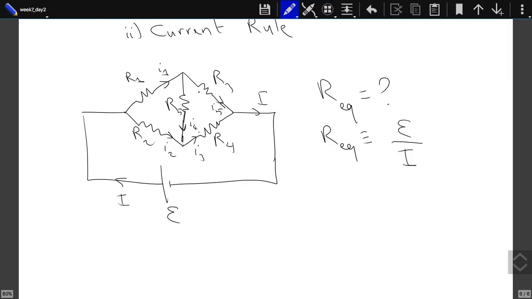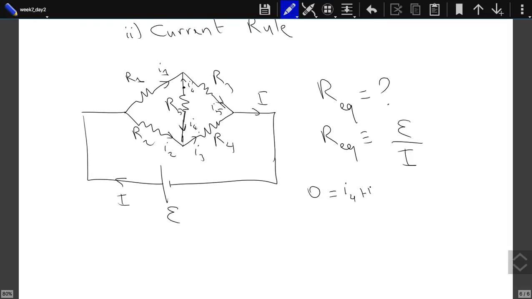No, let's just say that from this point downward, the current is going down, and from this point upward, the current is going up. Let's call that I4 prime, if you like. But let's look at that point over here. What is the sum of the currents entering that point? 0. What is the sum of the currents leaving that point?